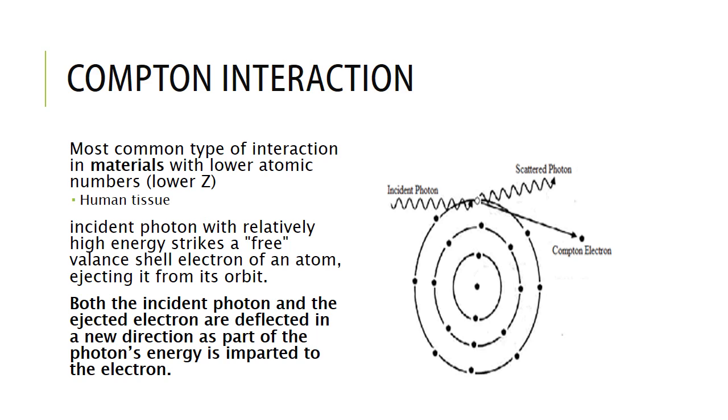The mechanisms of interaction of particulate radiation, meaning charged particles like alpha and beta particles, are quite different than those of the photons associated with gamma radiation. But even for the photons, the mode of interaction depends on the photon energy and the atomic number of the material in their path.